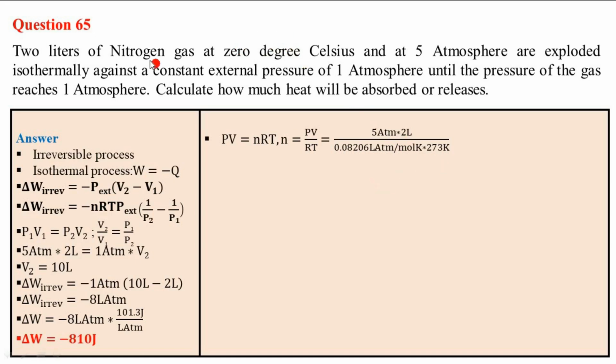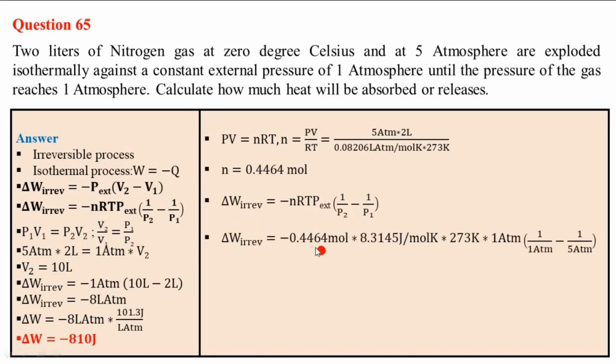After getting the number of moles, we can use this formula to calculate the work done. So you can replace the number of moles, the gas constant, the temperature, and use the formula, where we replace P2 and P1.